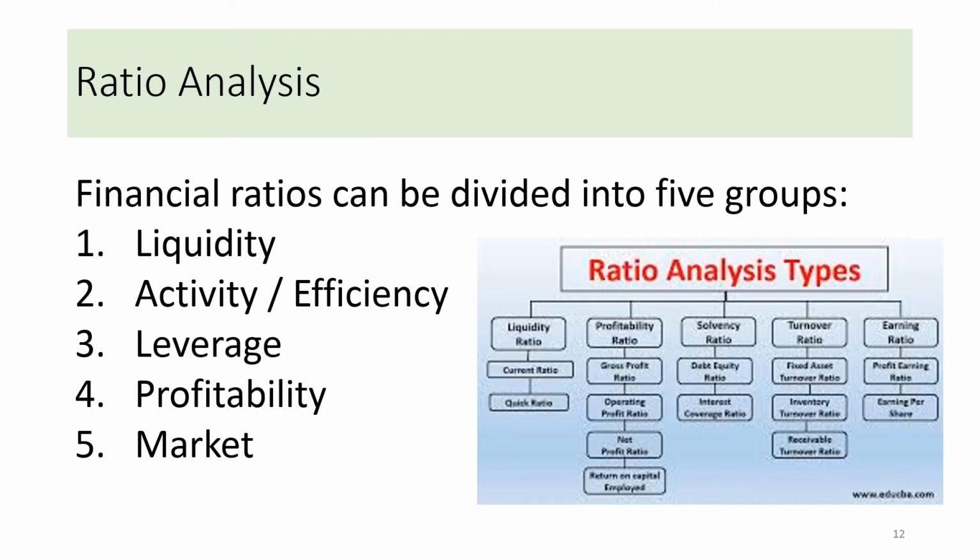Financial ratios can be divided into five groups: liquidity ratio, activity ratio, leverage ratio, profitability ratio, and market ratio. I will not go through the financial ratios in detail in this video as this topic is covered in the accounting module.